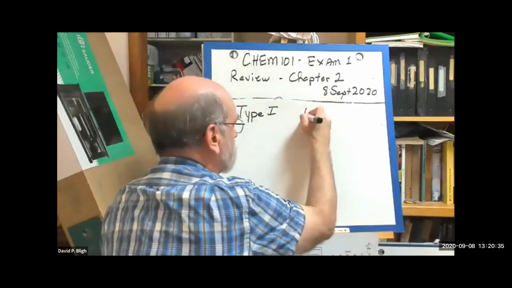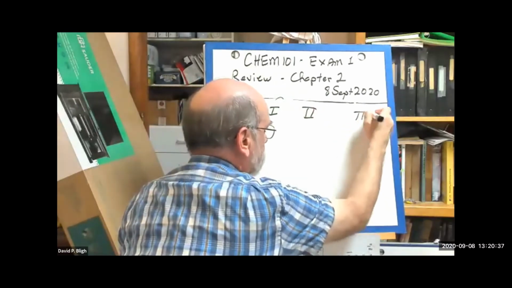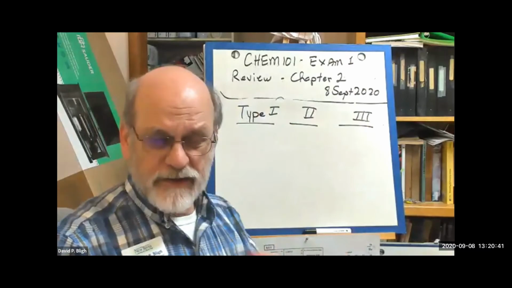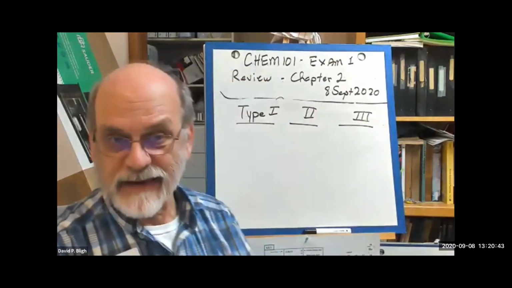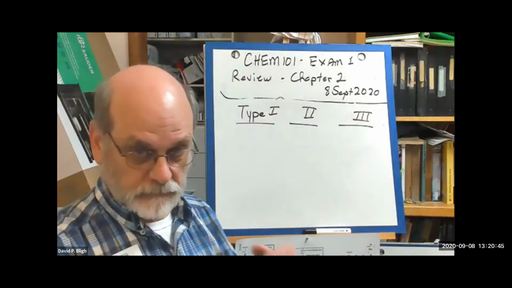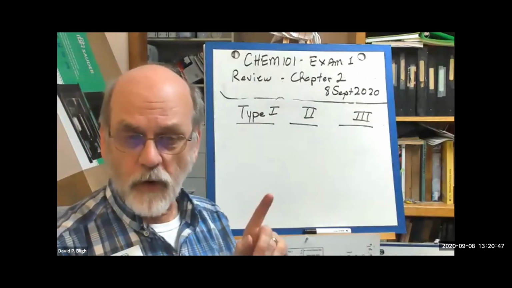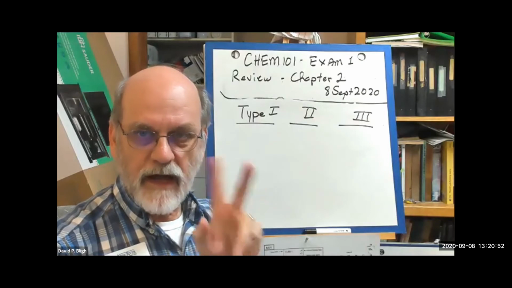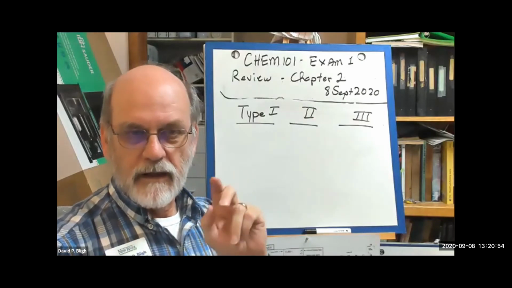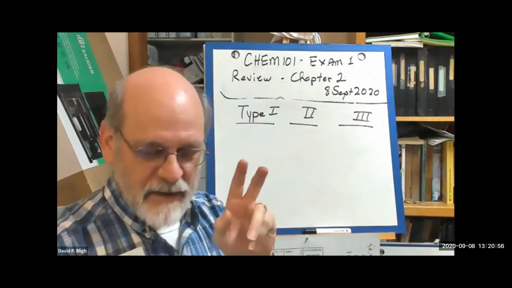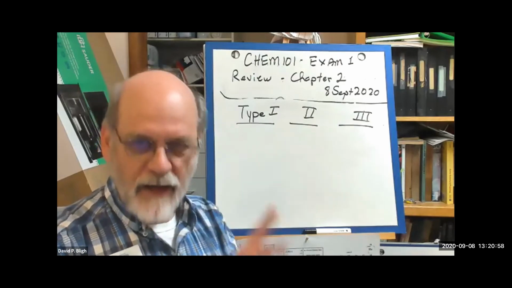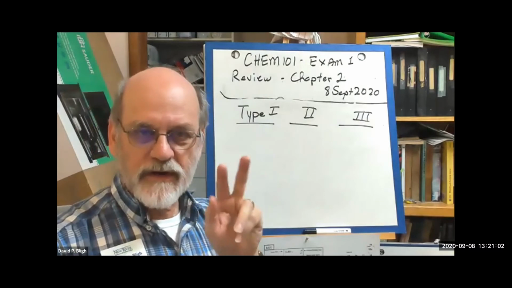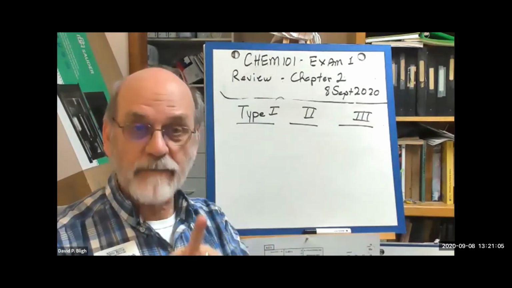Type 1, type 2, type 3. So when you're faced with a compound and you need to name it, what do you look for? The first thing you look for is, is it a metal with a non-metal, or is it a non-metal with a non-metal?